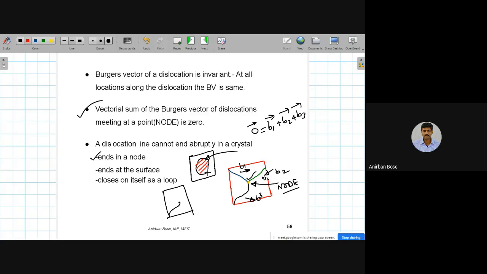One is the slipped part, another one is the unslipped part. And this is basically the boundary between the slipped part and the unslipped part. That is the dislocation. So either they end at the surface, or they end at a node, or the dislocation can be a loop, so that it divides the slip plane into slipped and unslipped parts. So these are the only ways. They cannot end abruptly, suddenly, within a crystal.